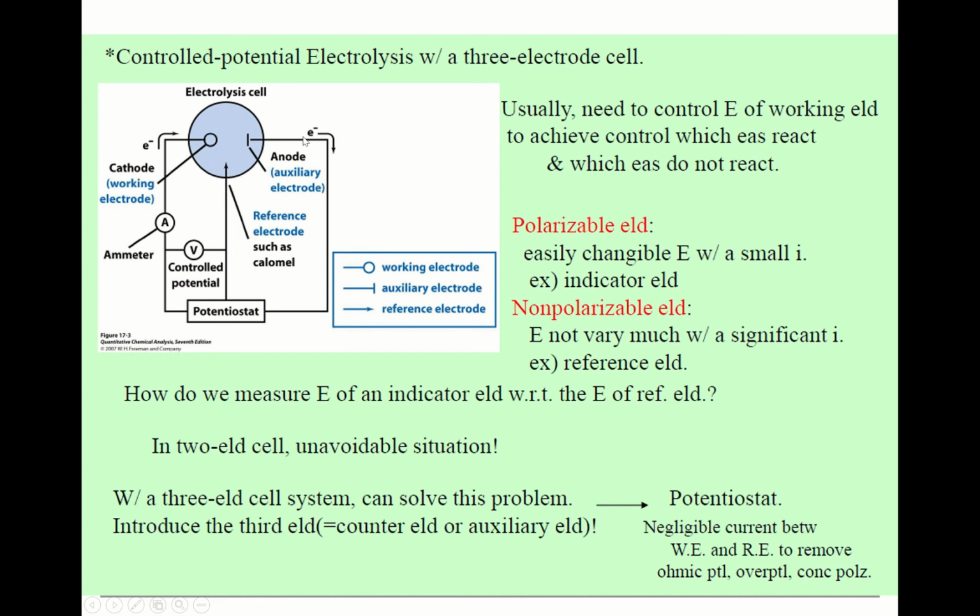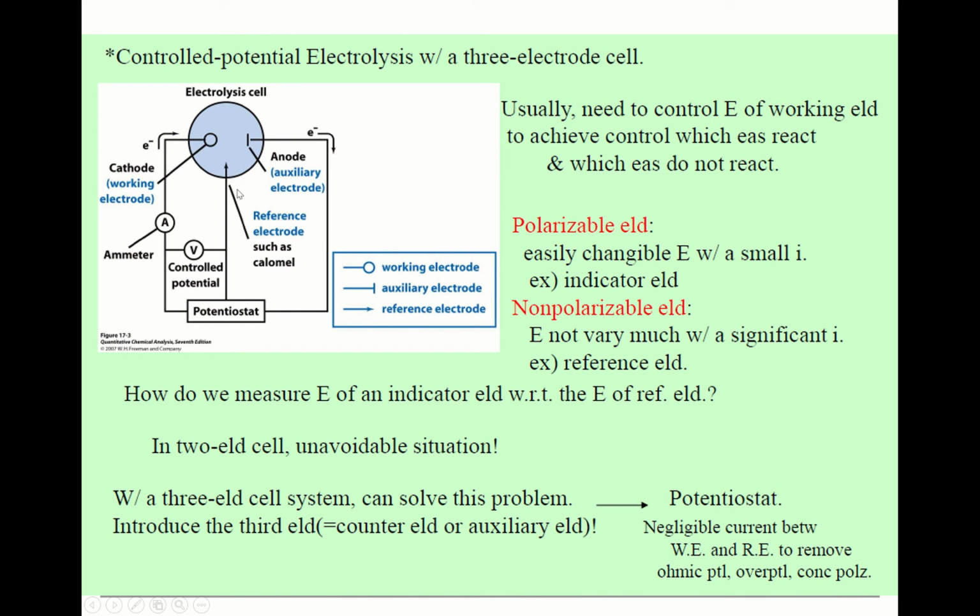With current flow, the anode potential may change with time, and then the cathode potential may not be constant. For an experiment for a short time it may be okay, but that's not ideal. So people invented this three electrode system using a reference electrode.